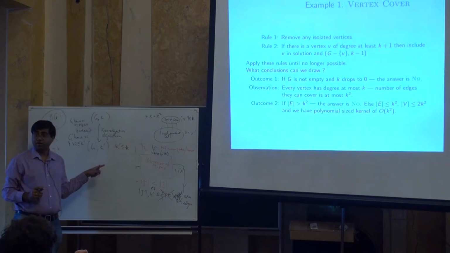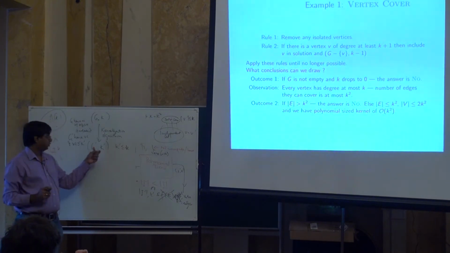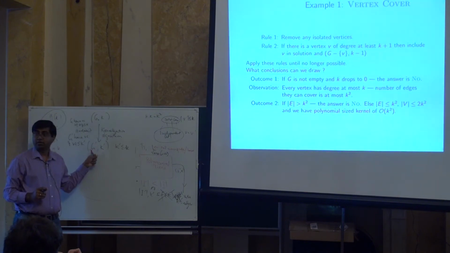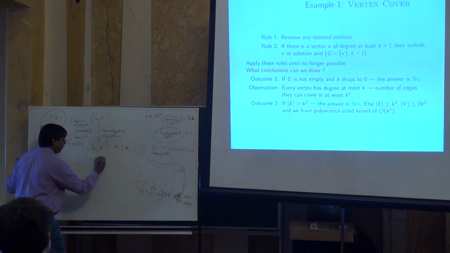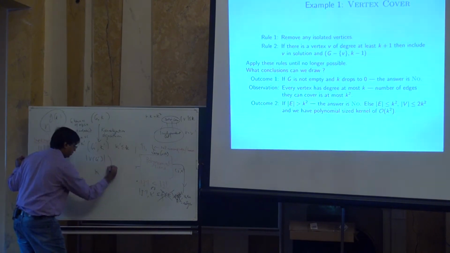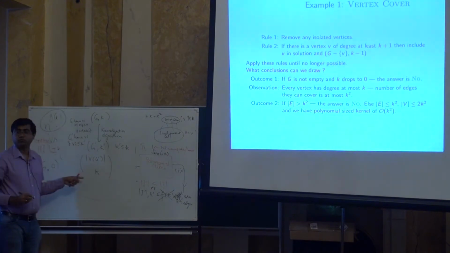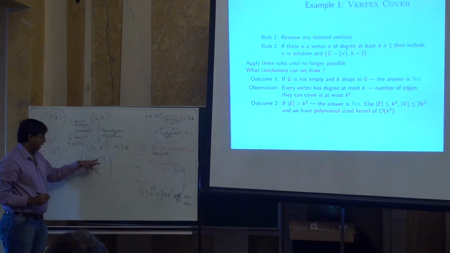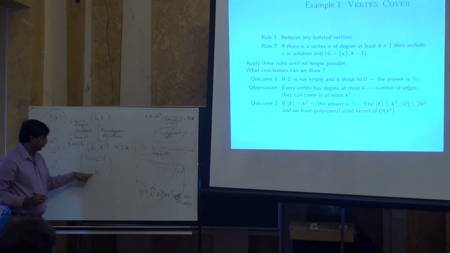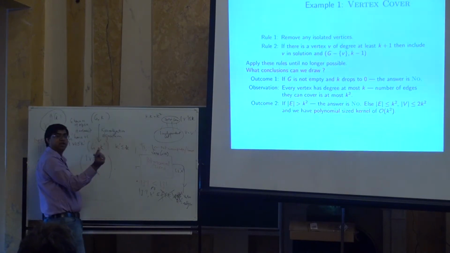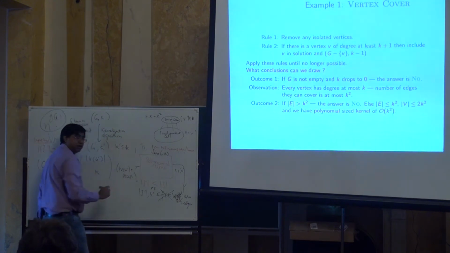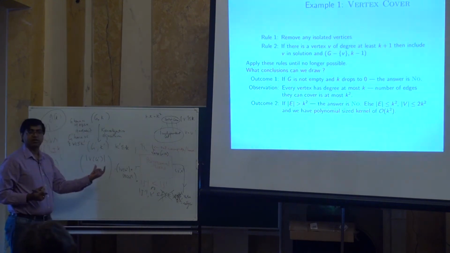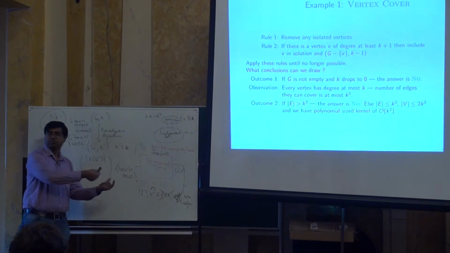Now let's apply our trivial algorithm, right? I want to find a vertex cover of size k prime here. How much time will it take? This is my trivial algorithm, right? Size of V of G prime, choose k, and testing whether it forms a vertex cover or not, which takes V(G prime) plus E(G prime). In linear time, we can test whether a particular set is a vertex cover by looking at every edge and checking whether it is covered.